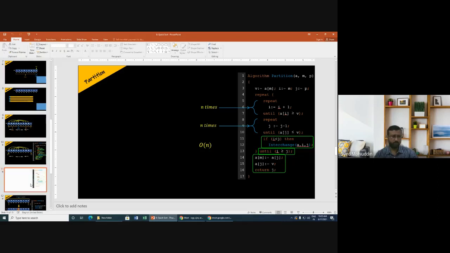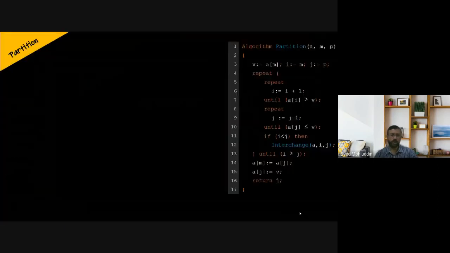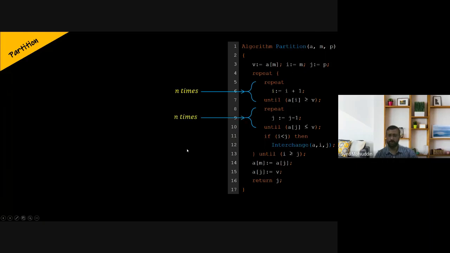Now, before we look at the quicksort itself, let us try to analyze this partition algorithm. We have two repeat untils, and these are going to work for n number of times. These repeat until statements are within an outer repeat until loop, so this is like nested loops.